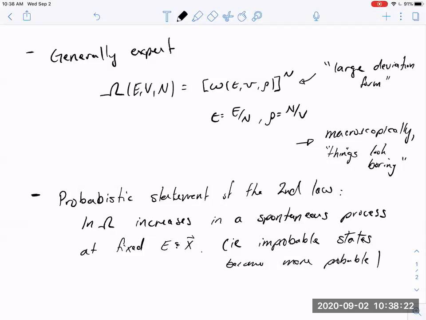More likely than not, if I flip another 10 coins, I'll have something which is much more probable, something which has many more ways of happening, namely that I'll more likely than not have 5 heads and 5 tails. Now, if I'm only flipping 10 coins, the probability that I get 10 heads, though small, is not infinitesimally small. If I flip an Avogadro's number of coins, I can, with high likelihood, expect to have nearly 50% heads and tails.